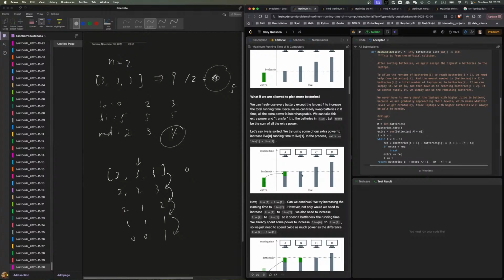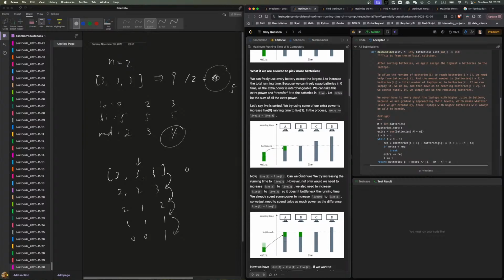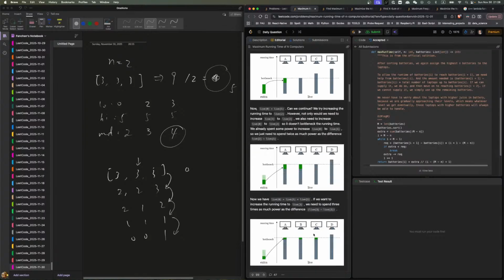Increase. We also need to increase this, so it's the number of... okay, now it makes sense. And then we keep doing this until we cannot.